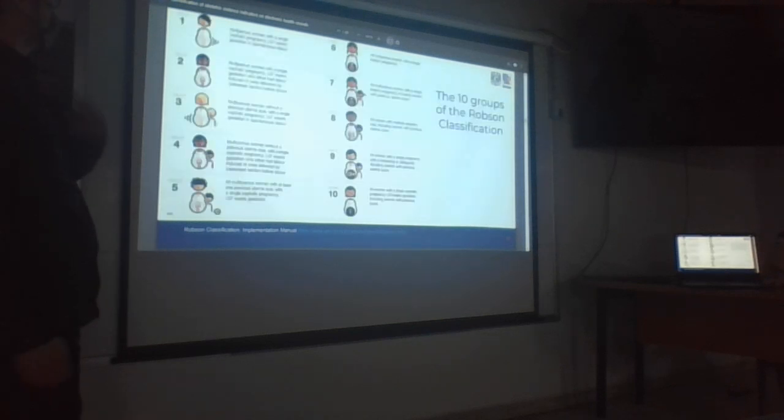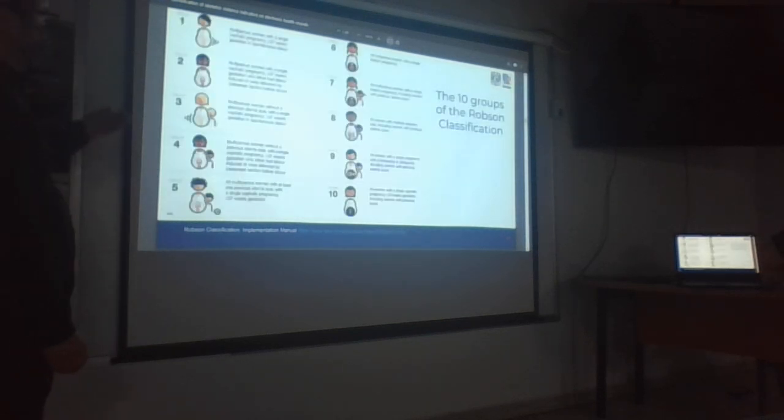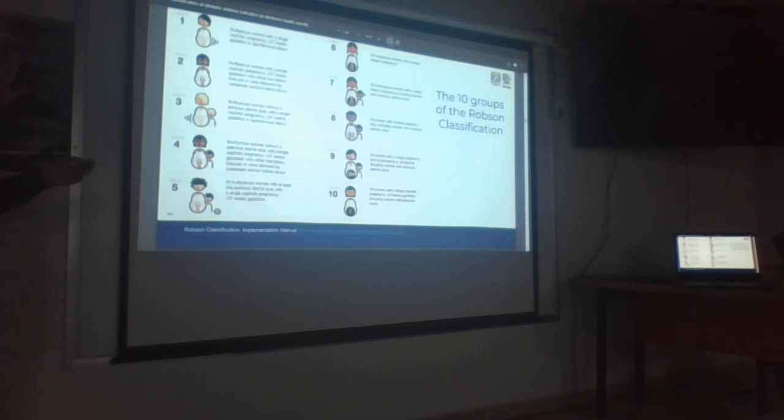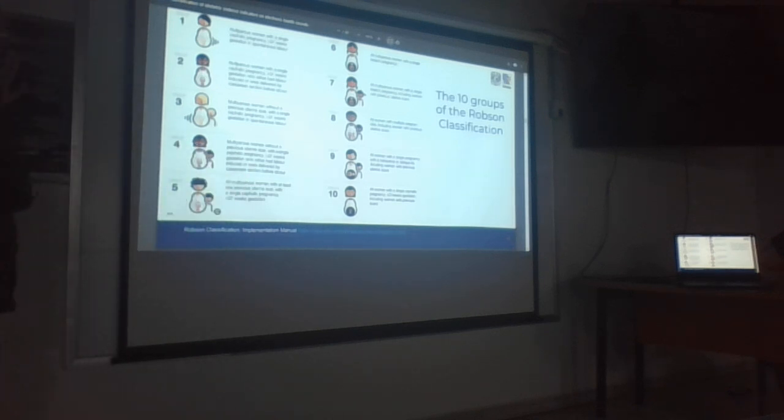Next please. This is a picture of the 10 groups of the Robson classification with some particular attributes that must be included in every group. I think it's not clear.